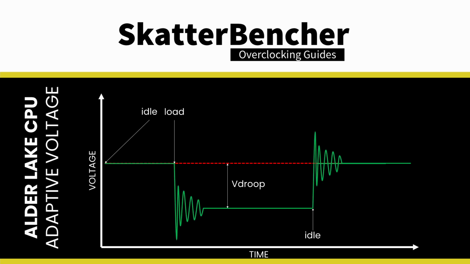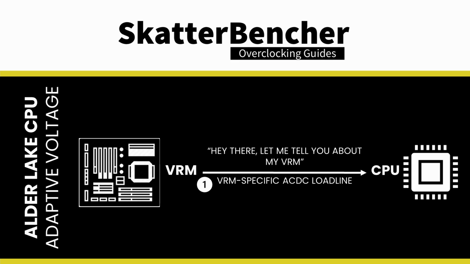Voltage droop is the difference in voltage between idle and load. If the VRM has better components and design, we expect less voltage droop. If the components and design are worse, we can expect a greater voltage droop. Using the AC-DC load line configuration, the motherboard BIOS can inform the CPU about the quality of the VRM design.